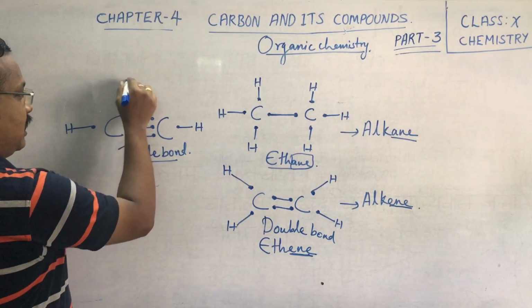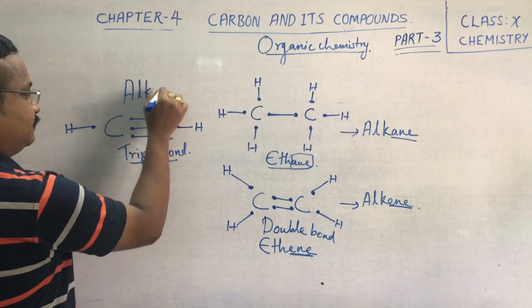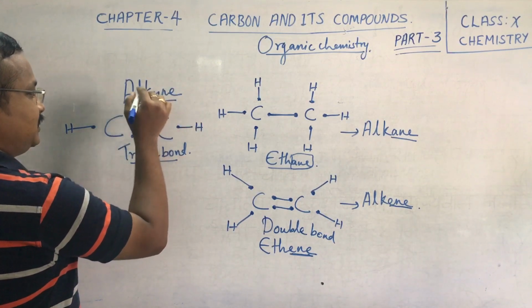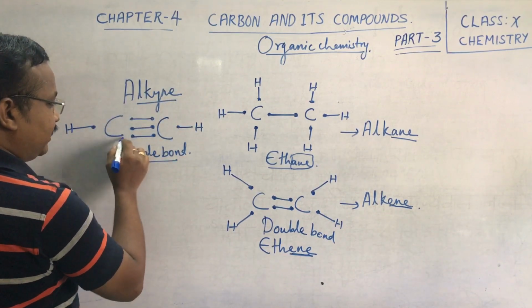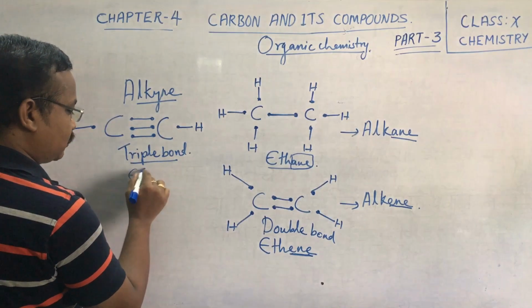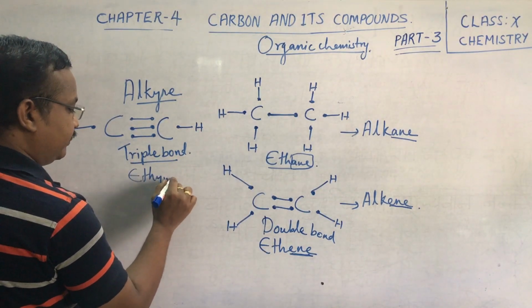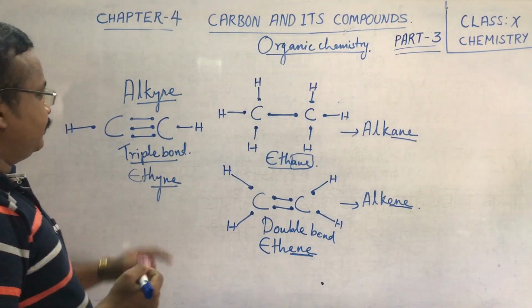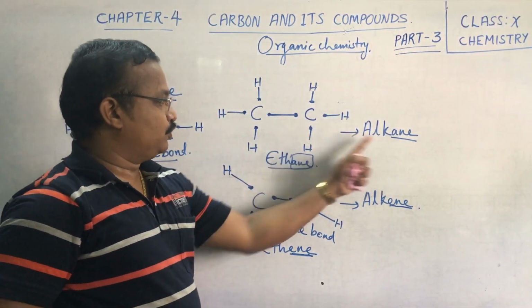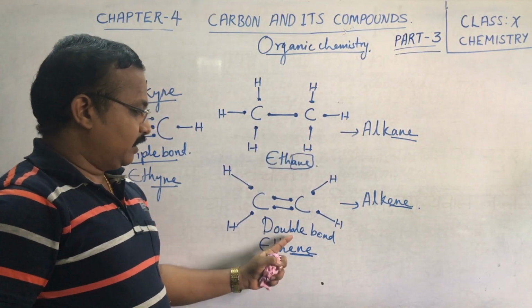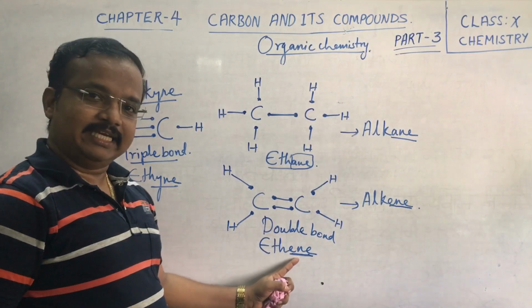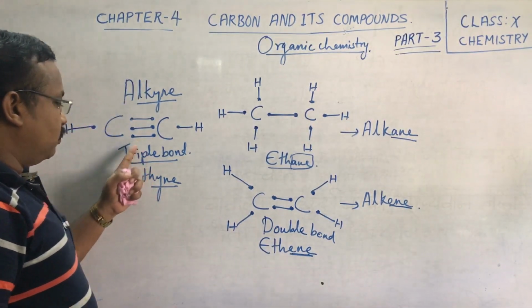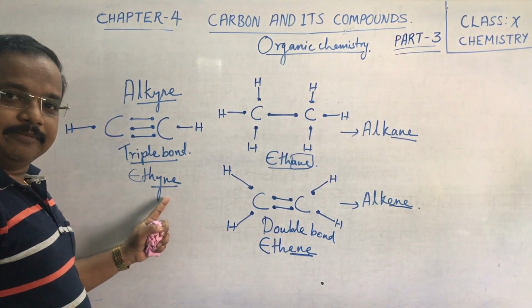This is our alkynes. Alkynes is the general term which we use. Here, since 2 carbon atoms are there, it is called ethyne, YNE. So ANE is used for a single bond, in case of double bond we use ENE, and in case of triple bond, we use YNE.